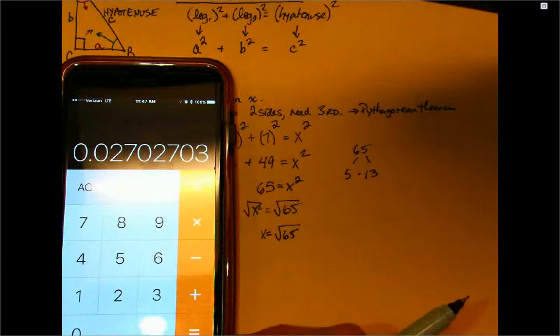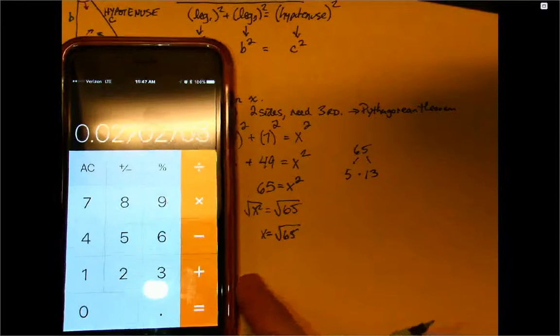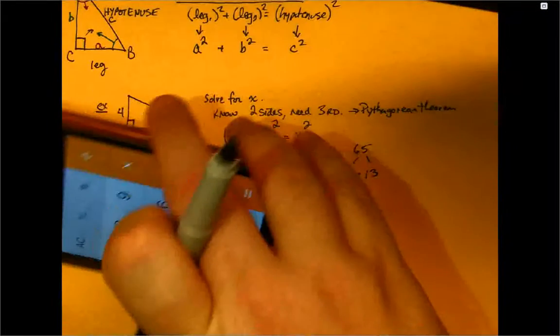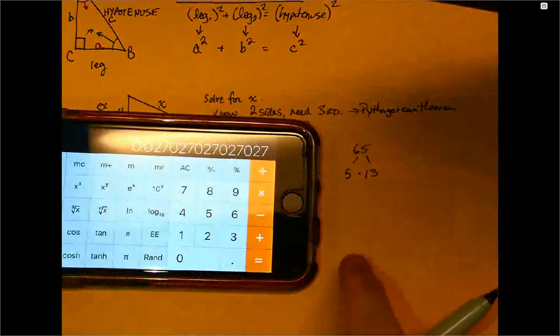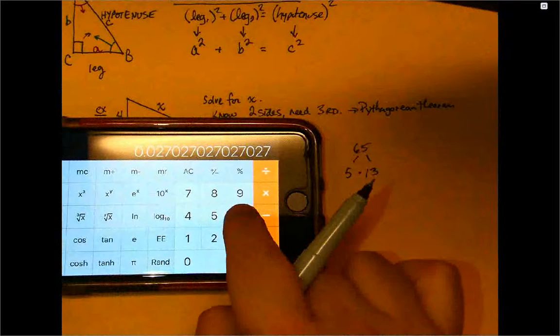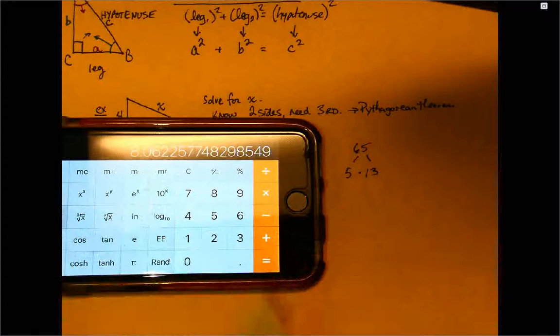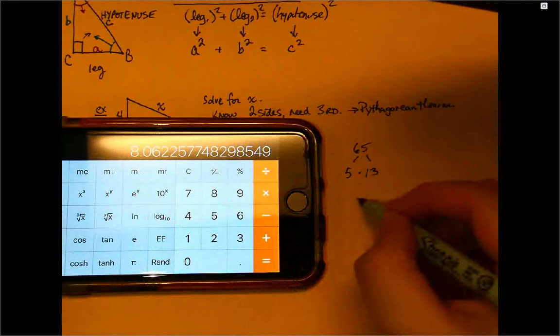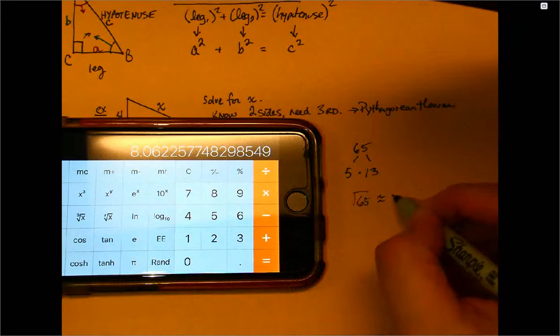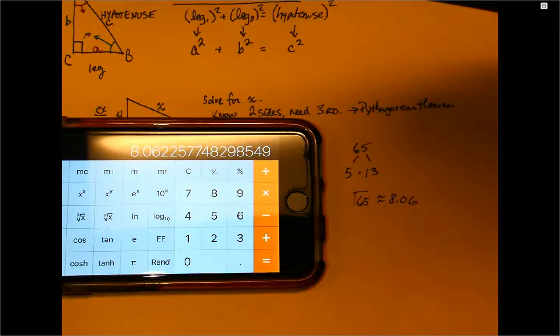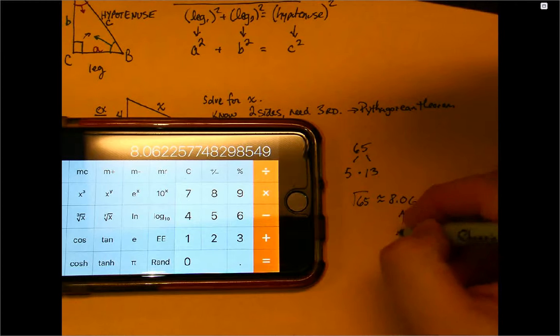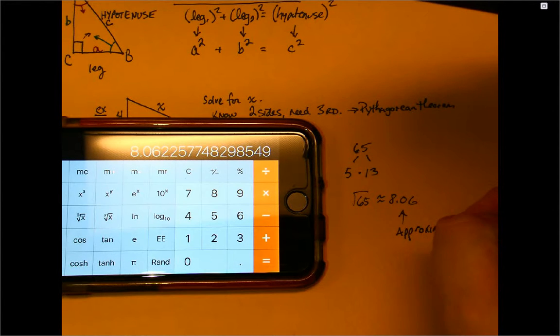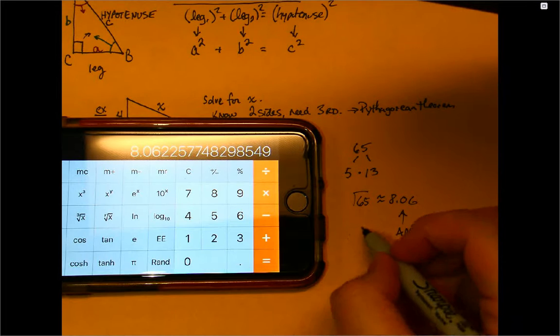Alright, what I don't want you doing is this. Saying that the square root of 65 is approximately 8.06. I don't want you doing that because this is an approximation. This is an exact answer.